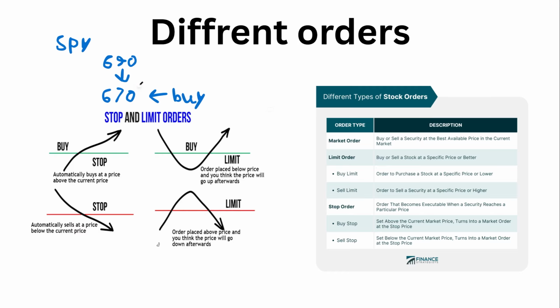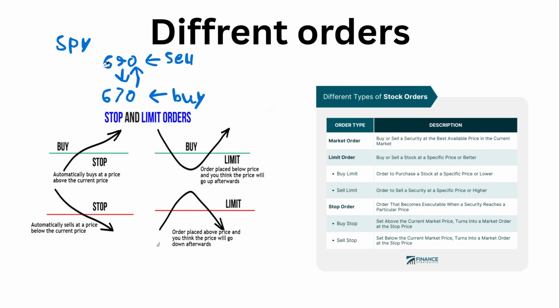Say now after you buy SPY at 670, it rises all the way back up to 690, and you thought that was going to happen, so you put a limit order to sell at 690 even though price is at 670.